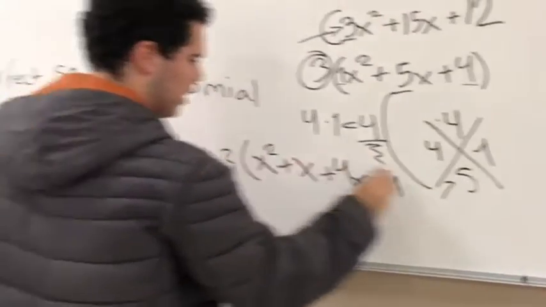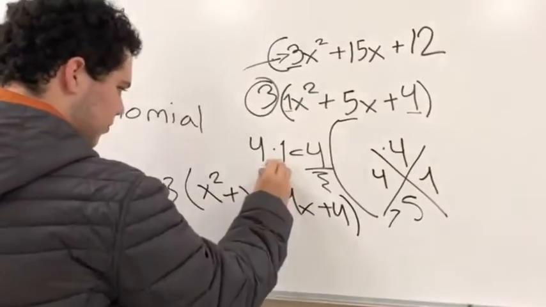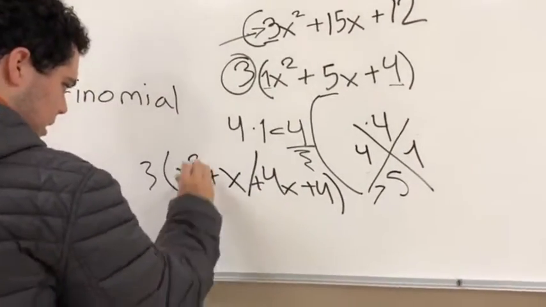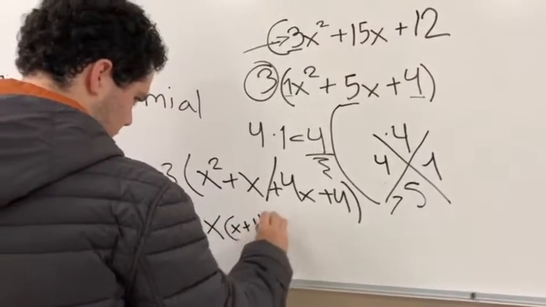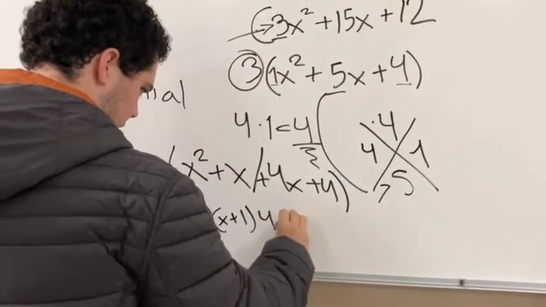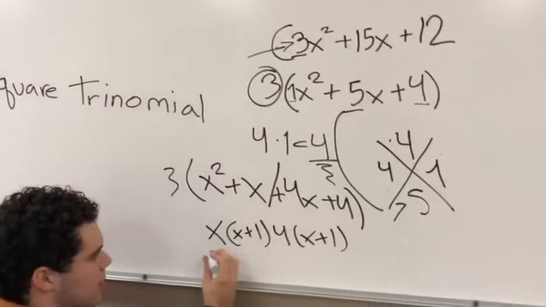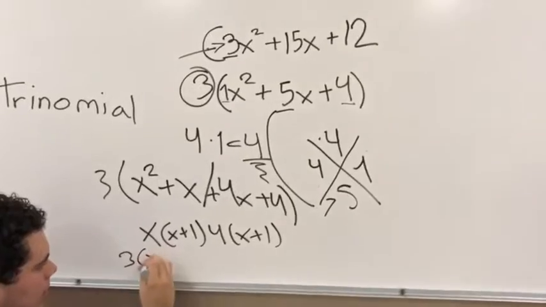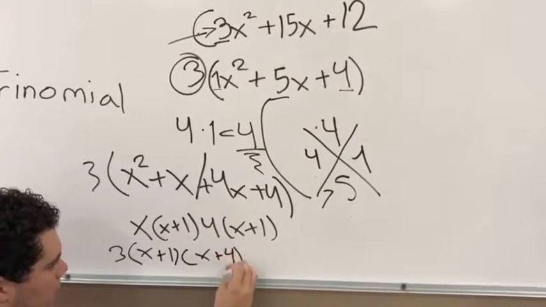Always remember to keep the greatest common factor out. If not, it will be wrong. And then you can solve it. What do they have in common? They have in common the x plus 1. Here it's 4, x plus 1, and then it's 3, x plus 1, x plus 4.